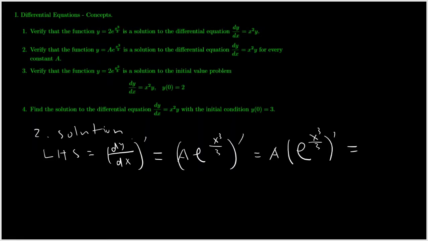Using the chain rule, so we have seen that already, you have a times x squared. X squared is the derivative of u. I meant u is x cubed over 3, and then times e to the power of x cubed over 3. Okay, that's the left hand side.